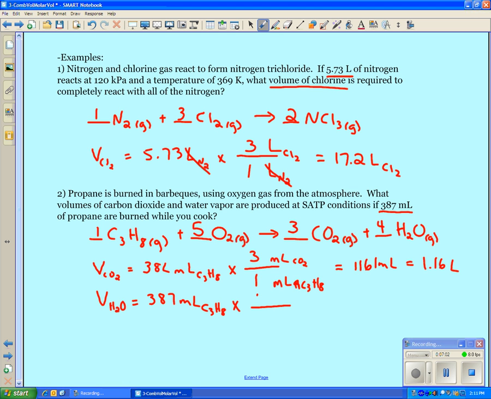So 4 moles or 4 milliliters of water for every 1 milliliter of C3H8 propane. Multiply the 387 times 4 over 1, and you would get 1548 milliliters. And again, for significant digits, I'm going to change that to 1.55 liters.